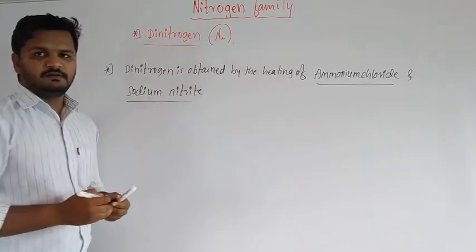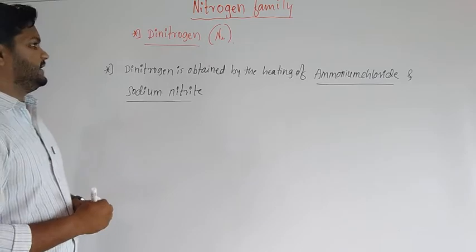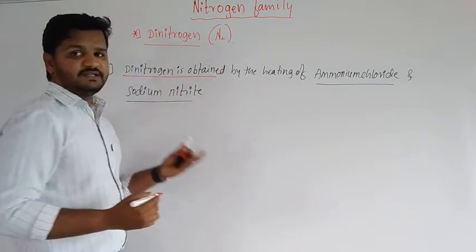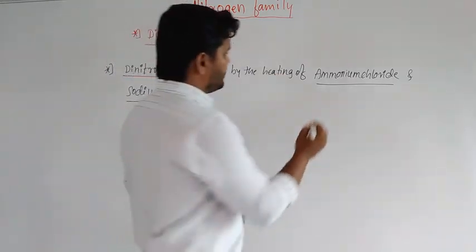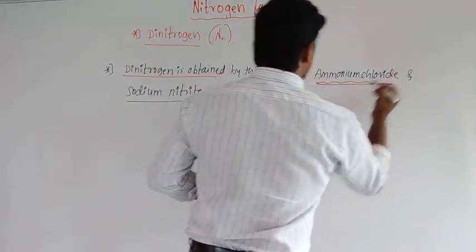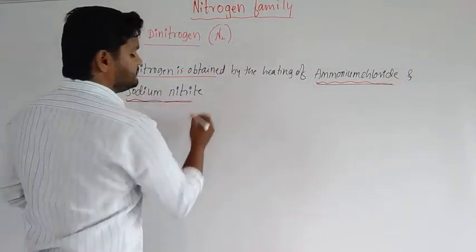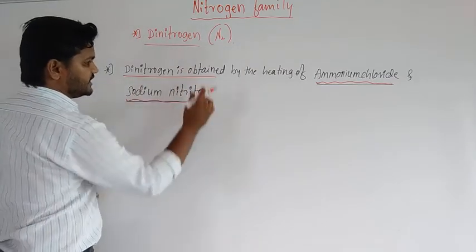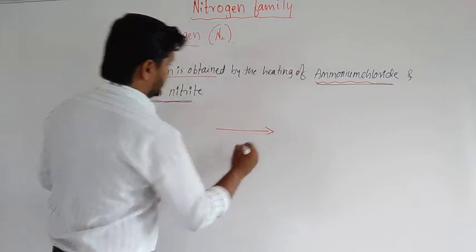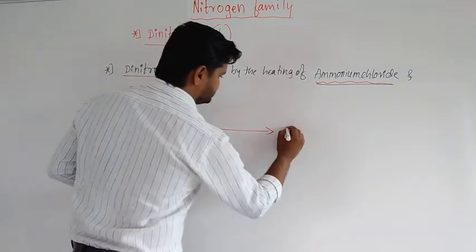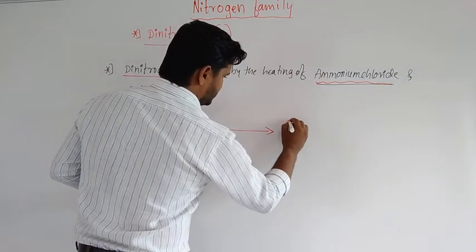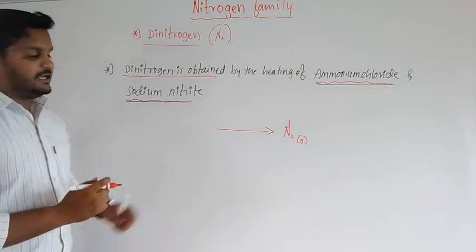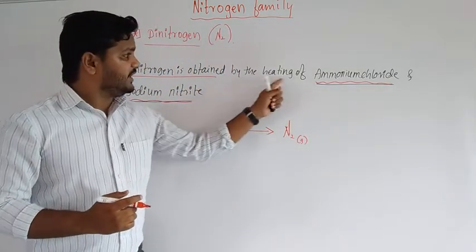Okay, it is a simple laboratory method to prepare dinitrogen. How is it obtained? By the heating of ammonium chloride and sodium nitrite. Okay, I will write the reaction. The product is dinitrogen, N2, which is always gaseous in nature.